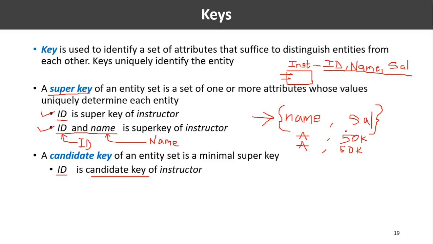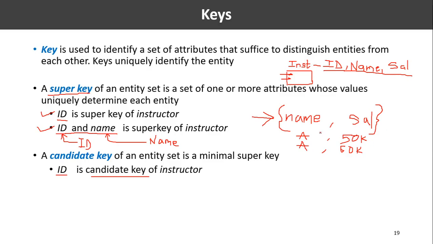So what we mean by that? If we try to find out the proper subset of this super key, and if it happens that that proper subset is also the super key, then we may say that this original super key that we are considering is not the candidate key.